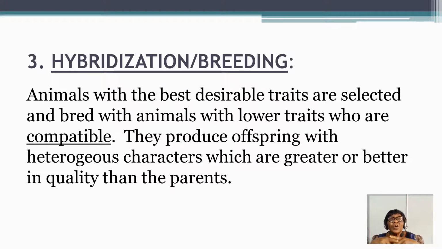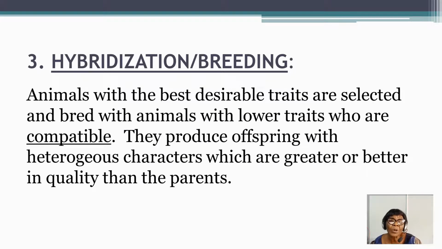Then you will see that the offspring they produce will perform better than the original animals, because those offspring have inherited from the foreign animals you have selected, with a mixture of the local ones.